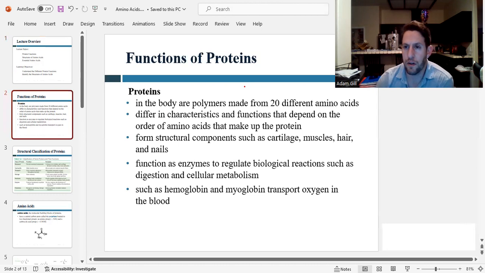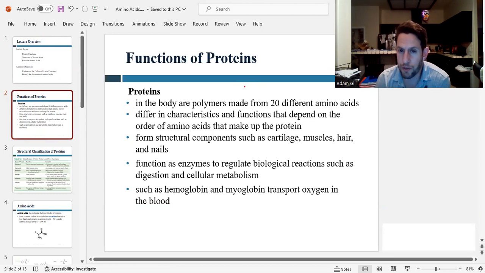So proteins are very large molecules in your body, and they are polymers made from repeating units known as amino acids. And there's 20 different amino acids. Now, proteins can vary wildly in size, shape, and function, depending on the specific amino acids that make it up.